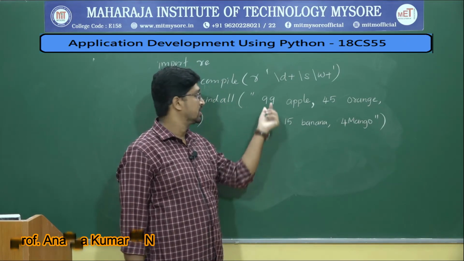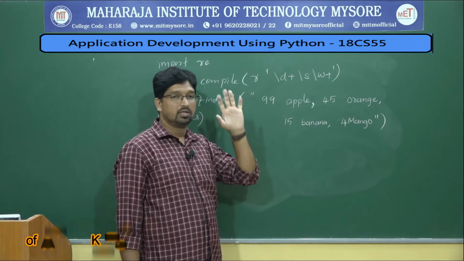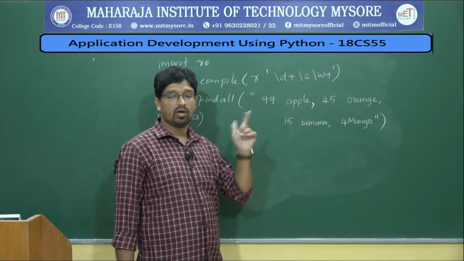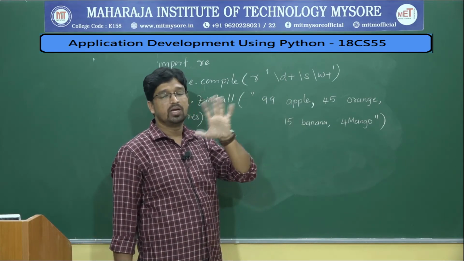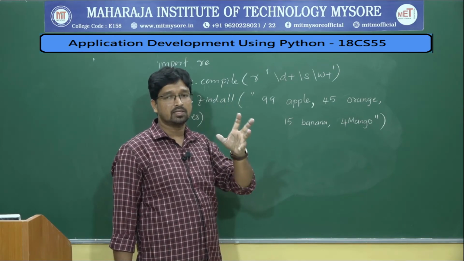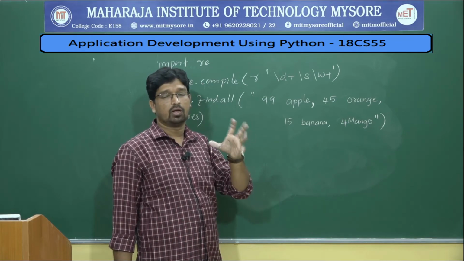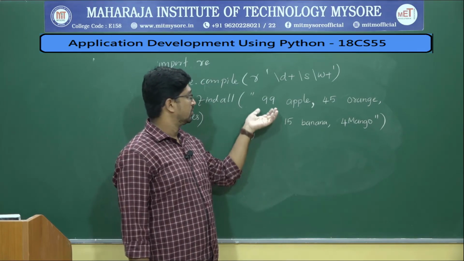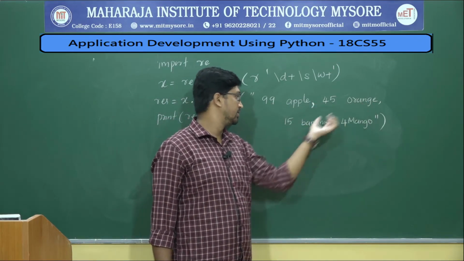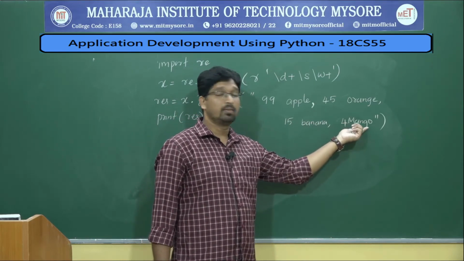The pattern is like this: there should be digits, any number of digits, then a single space, then there should be words. Words that include only characters, underscore and numbers. Okay, only words. So 99 space apple, 45 space orange, 15 space banana, and for 4 there is no space before mangoes.